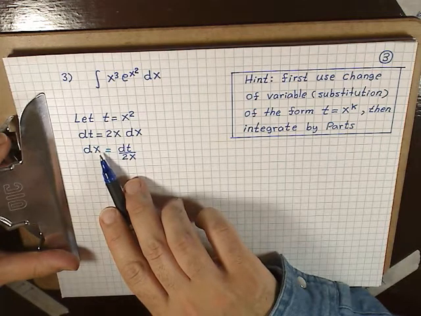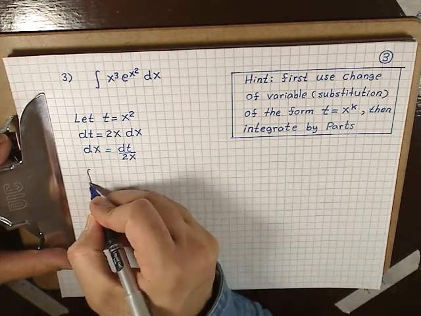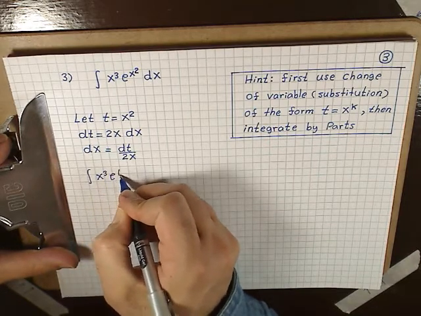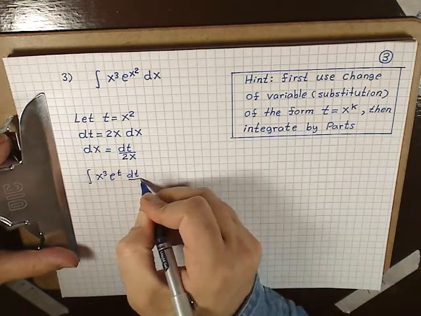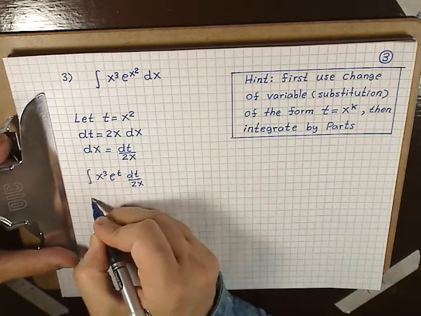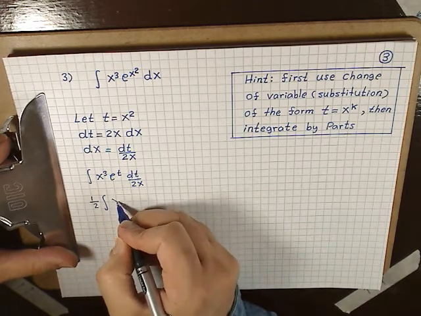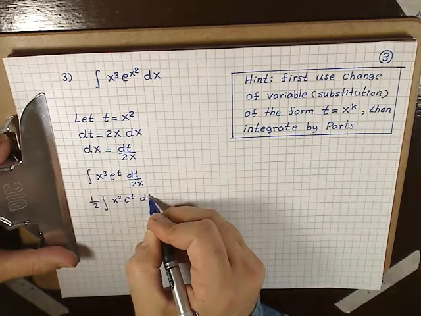Algebraically solve for dx, dx is equal to dt over 2x. So the integral of x cubed e to the t, dt over 2x. Bring the 1 half out, x cubed over x is x squared, e to the t dt.